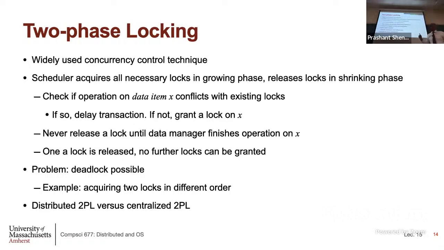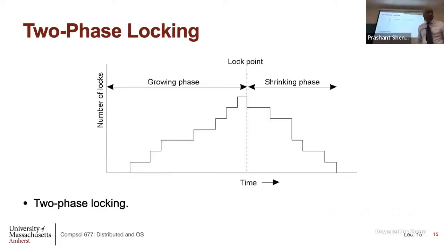This is why it's called two-phase locking, because you will see this picture. This is a picture of how many locks a transaction holds at any given time. The X-axis is time and the Y-axis is the number of locks. The first time you touch some data item in the database, you grab a lock. You touch another data item, you grab another lock, and the third one, the fourth, and so on.